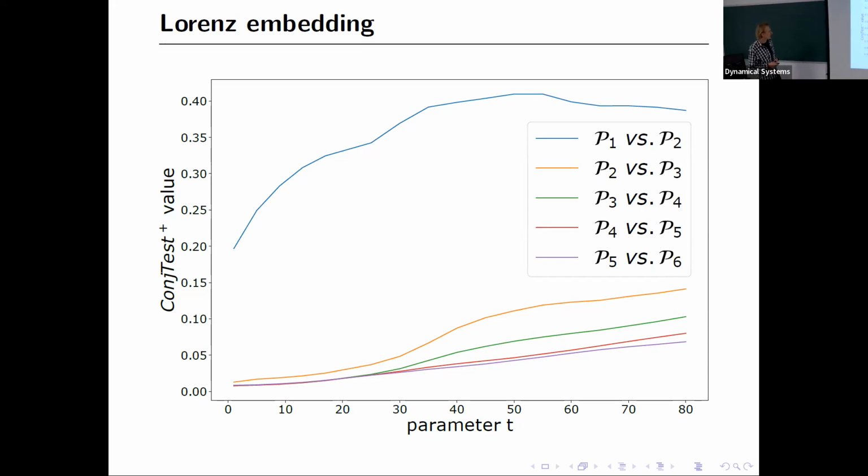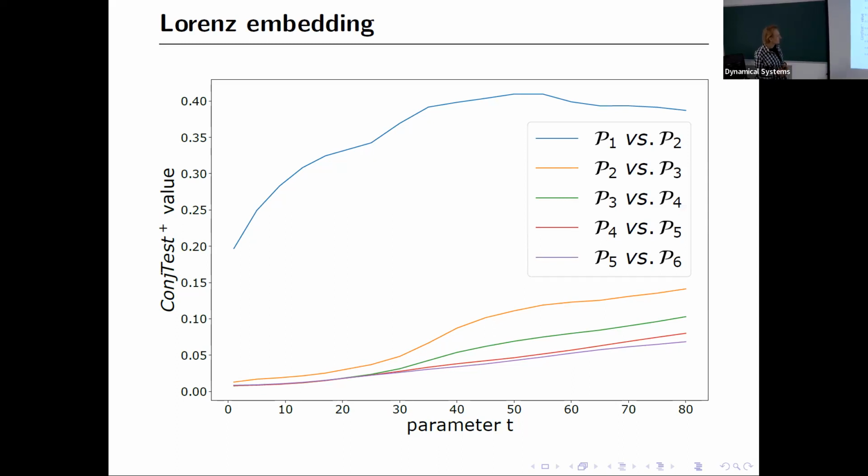We've shown that the conjugacy test can also be used for this purpose. So what we have here are plots where we compare, using the conjugacy test, different embeddings of the Lorenz attractor.